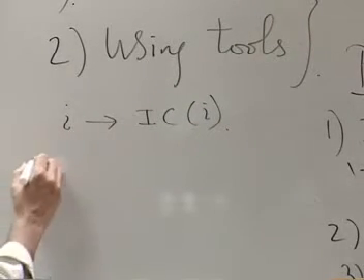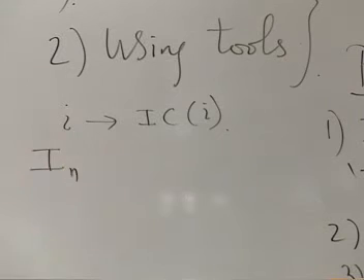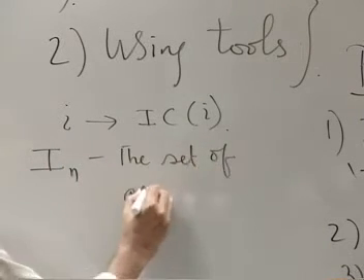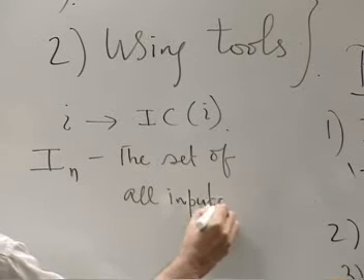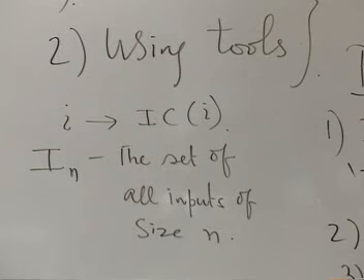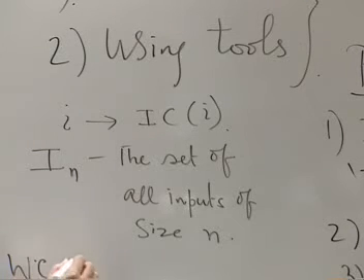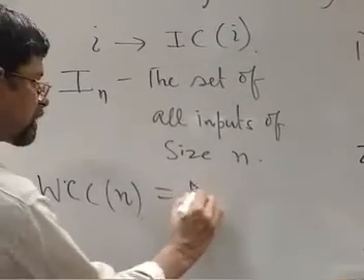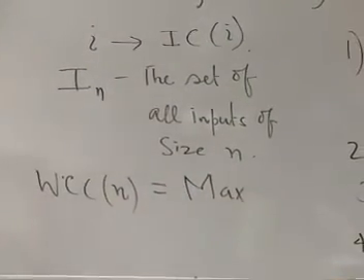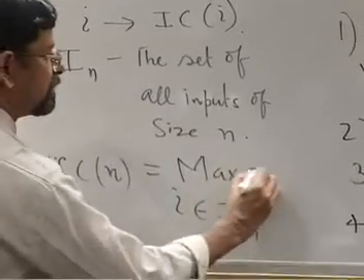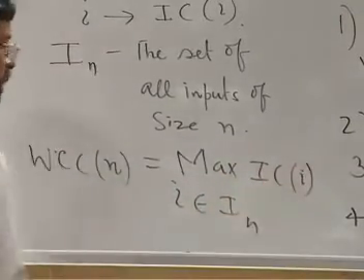We will also denote by IN the set of all inputs of size n. Now, worst case complexity of n is defined as the maximum over I belonging to IN of IC of I. That is all.